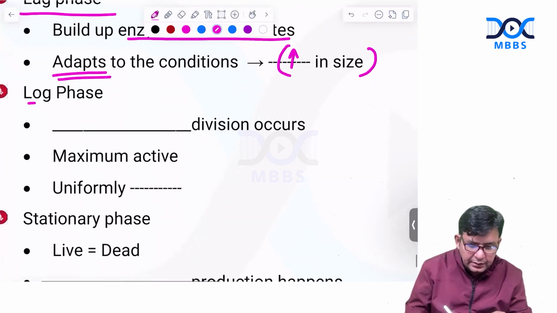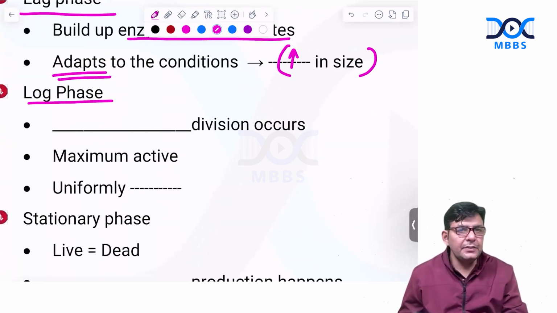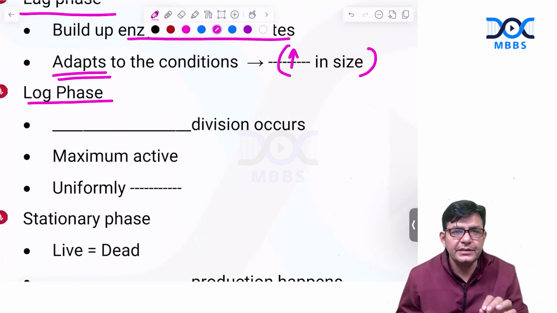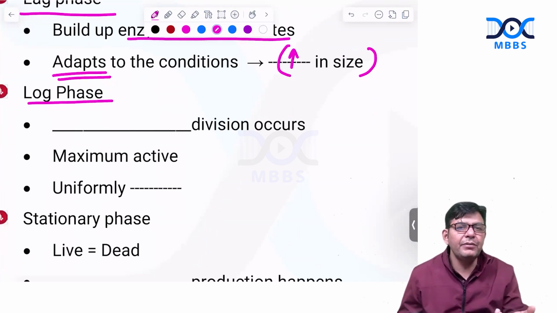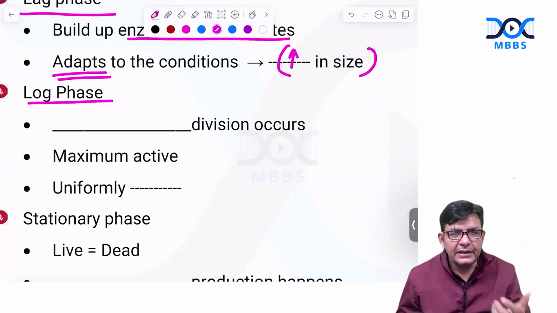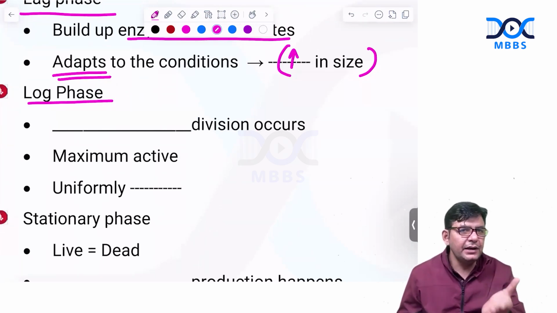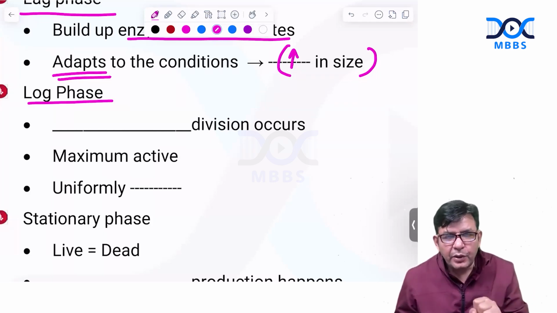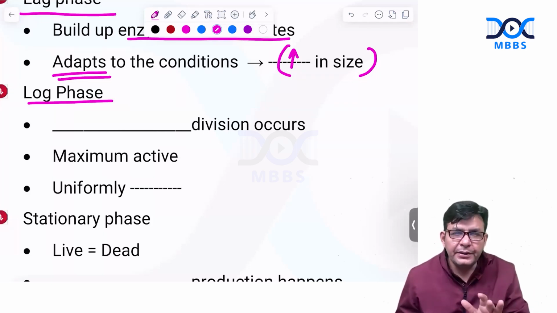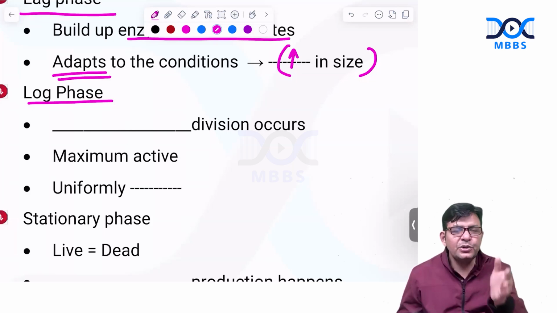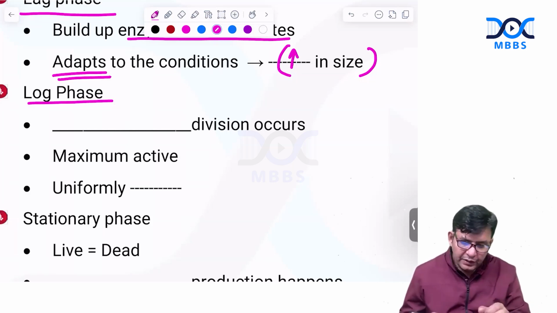Then comes the log phase, guys. Log phase you can compare with the second year. And the second year is termed as the honeymoon prof. Now you are well adapted to everybody, to the conditions, to your friends. To everything you are well adapted. So what will happen?